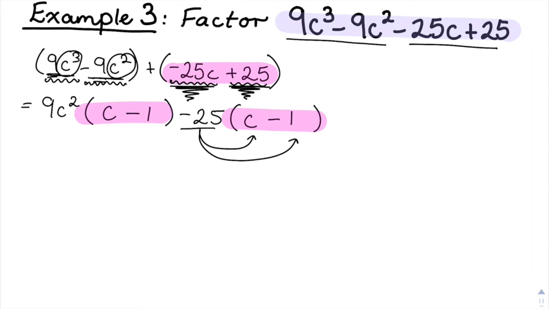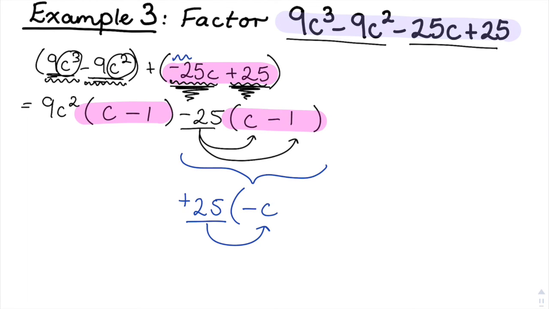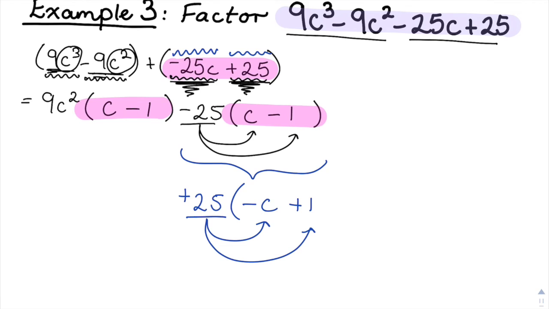Let me just quickly show you what would have happened if you took out positive 25 as the common factor instead. If we took out positive 25 as the common factor, well, 25 times negative c would give us negative 25c, and positive 25 times positive 1 would give us the positive 25, which was the second term in the second set of parentheses.